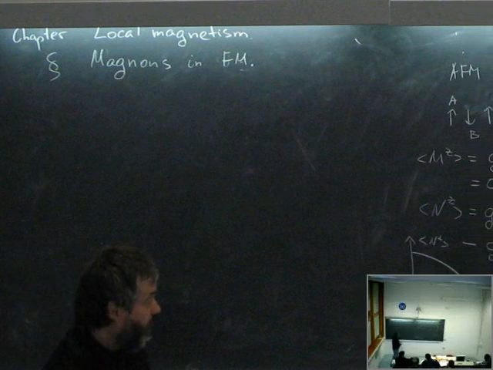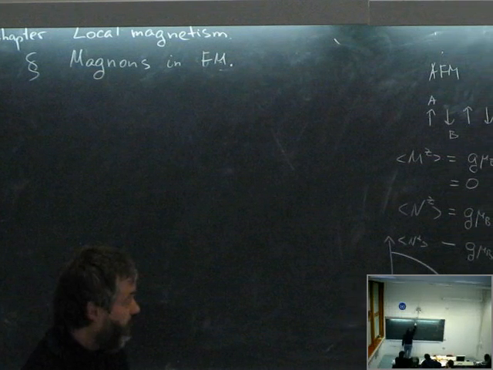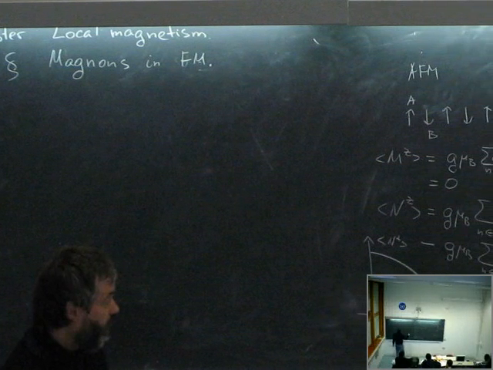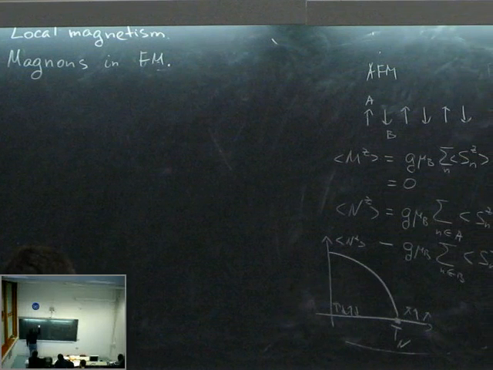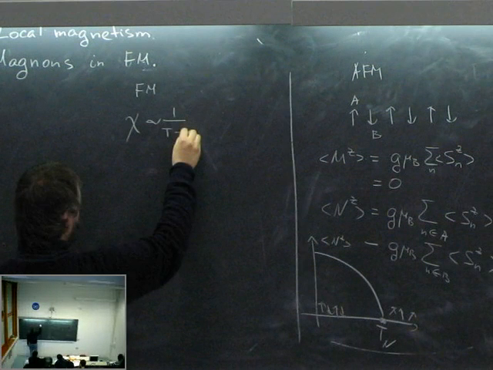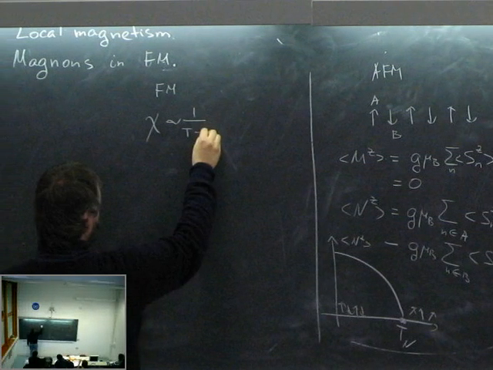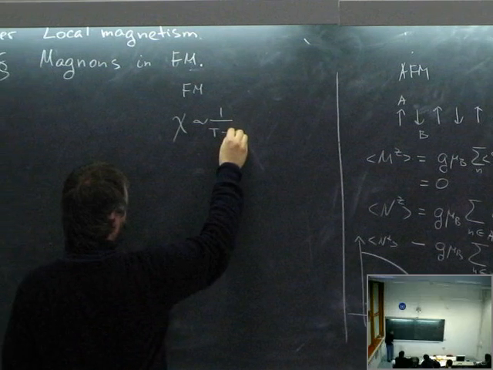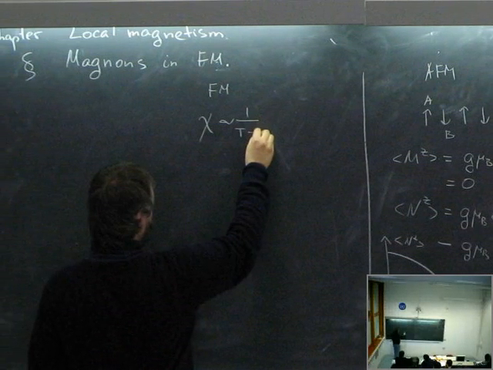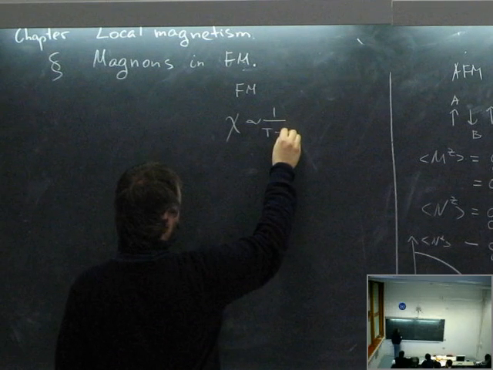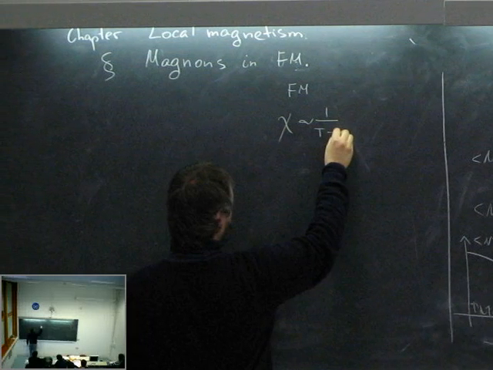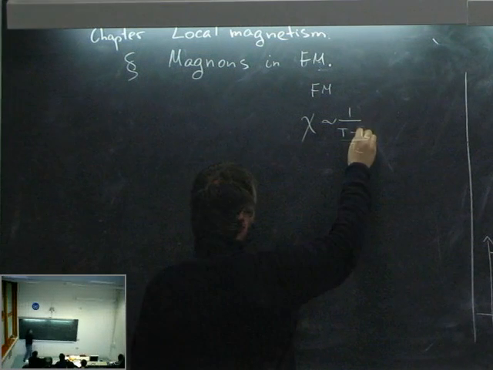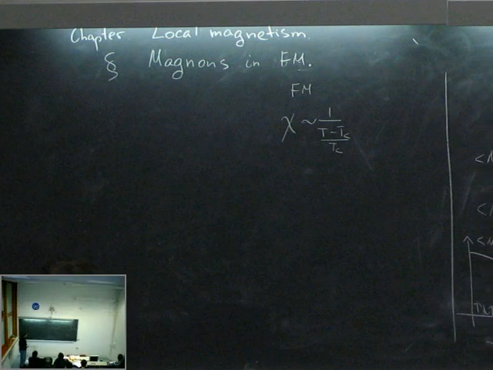Therefore, if we speak about susceptibilities and now want to make a comparison, what we know is that the uniform susceptibility, the susceptibility taken at Q equal to 0, diverges at Tc, at Curie temperature.